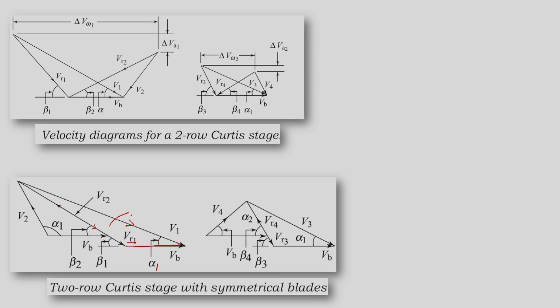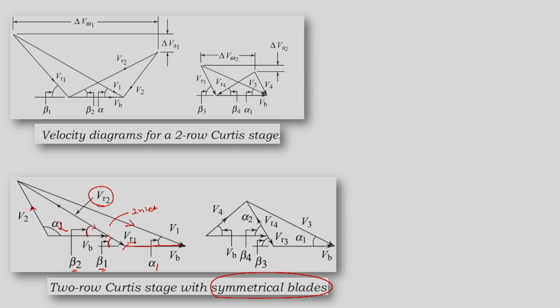Now, we know that there is some fraction by which Vr1 will be reduced to Vr2. So, we reduce that magnitude, and this becomes Vr2. For a symmetrical blading case, Vr2 has the same angle, so beta 2 and beta 1 are the same, and then we have V2 as the absolute velocity with angle alpha 2.